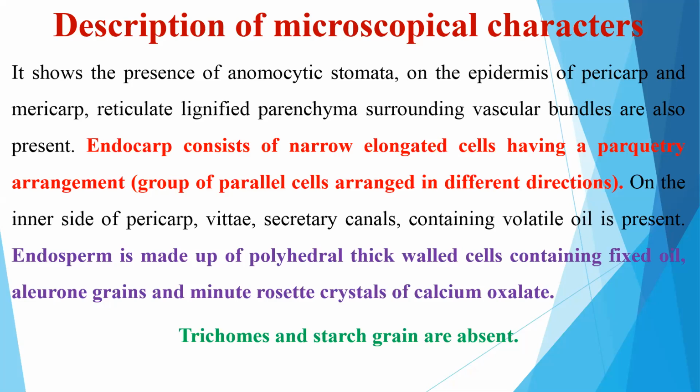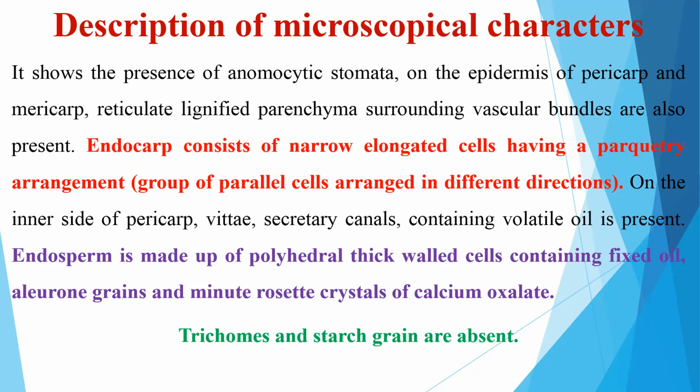On the inner side of pericarp, there are vittae, secretory canal, and some volatile oil. Endosperm is made of polyhedral thick wall cells which contain fixed oil, calcium oxalate crystals, and some aleurone grains. But in the microscopical character of fennel, the trichomes and starch grains are absent.